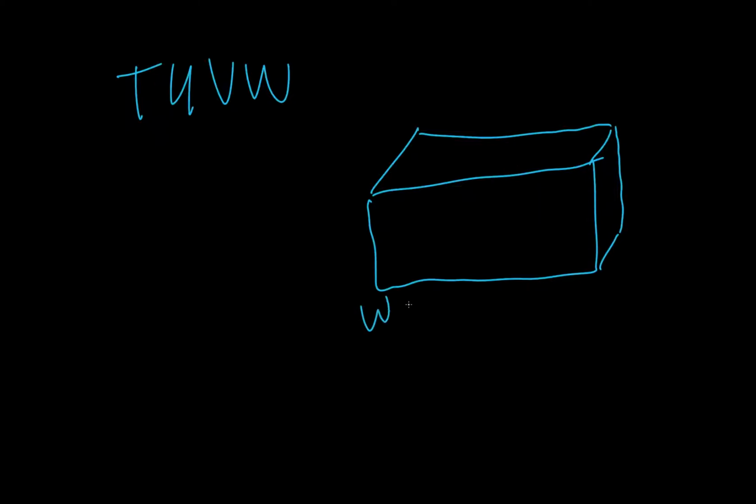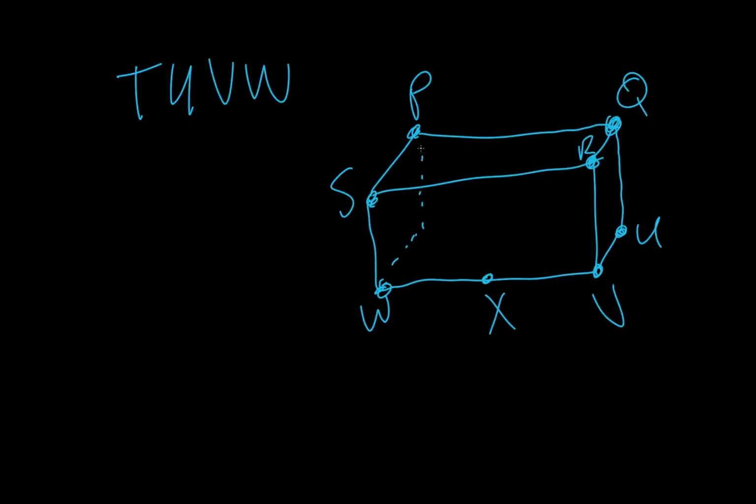And we have W, there's an X marked right there, V, U, R, S, P, Q. All right. I'll draw these in too. Okay, so we have this, and it asks us to find PU.